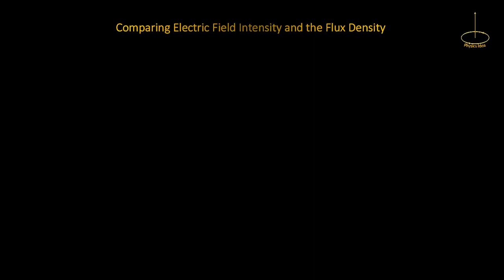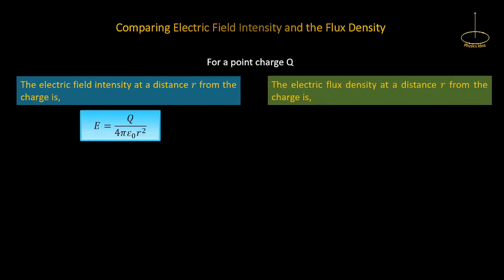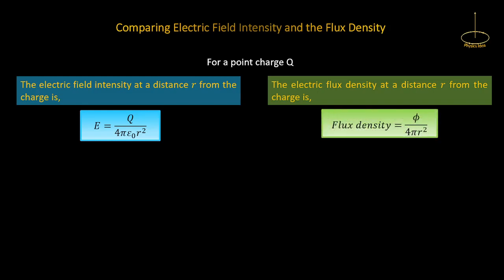Comparing electric field intensity and the flux density. For a point charge Q, the electric field intensity at a distance r from the charge is E equal to q upon 4 pi epsilon naught r squared. The electric flux density at a distance r from the charge is phi upon 4 pi r squared. Now we multiply by phi in the numerator and denominator, and then we write q upon phi epsilon naught separately.